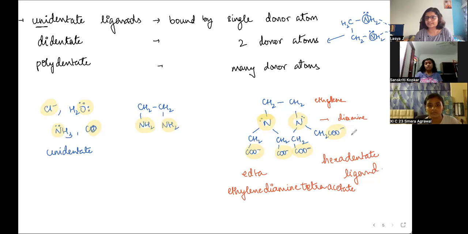And there's 4 acetate groups, so you have tetraacetate. So what are the specific atoms that bond to the central atom? It has 2 nitrogen atoms plus 4 oxygen atoms that connect to the central atom.